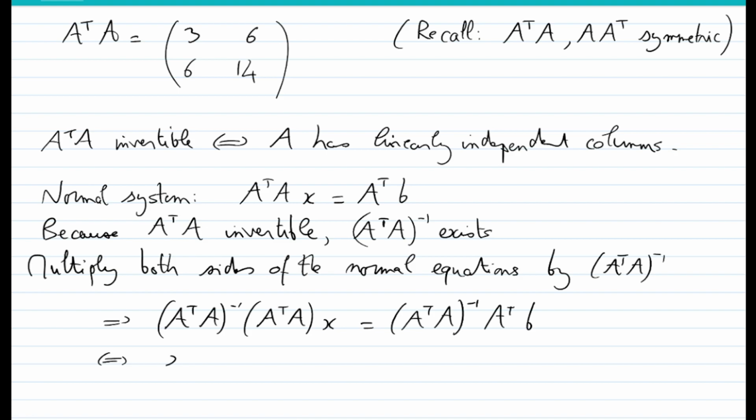So this is X, because I'm multiplying on the left by identity, and X equals A transpose A inverse A transpose B.